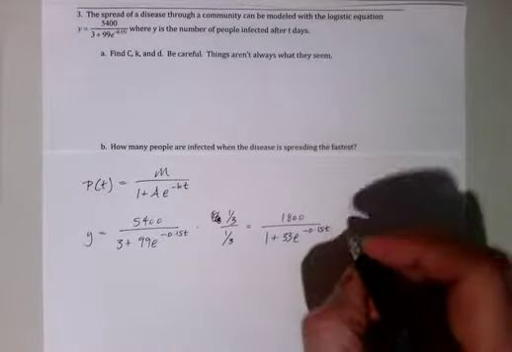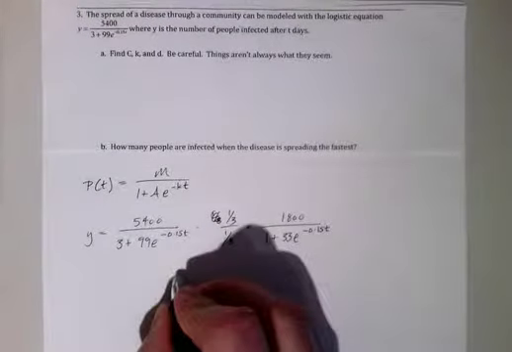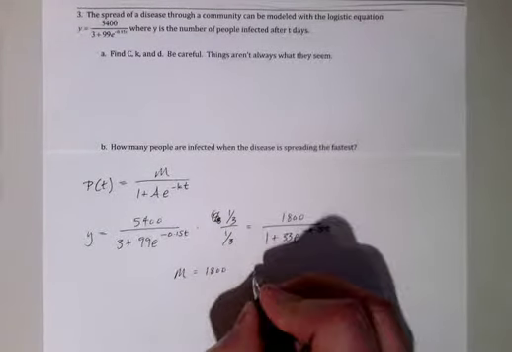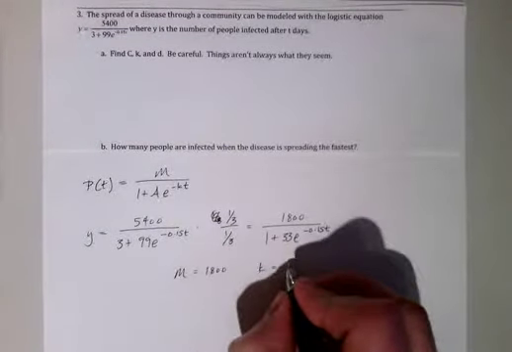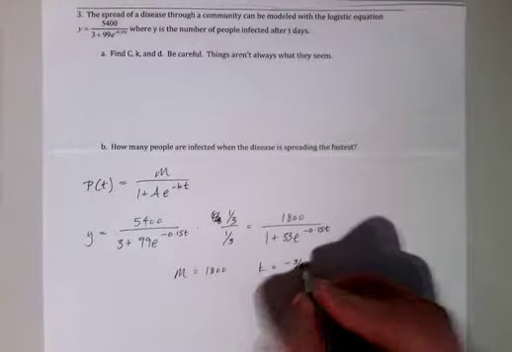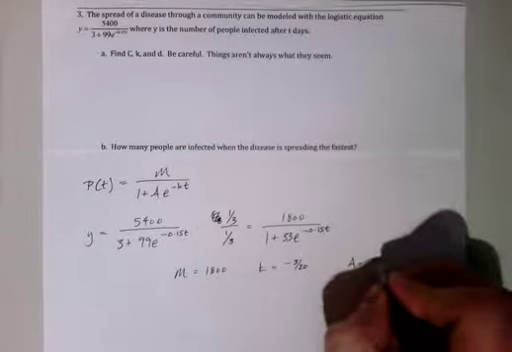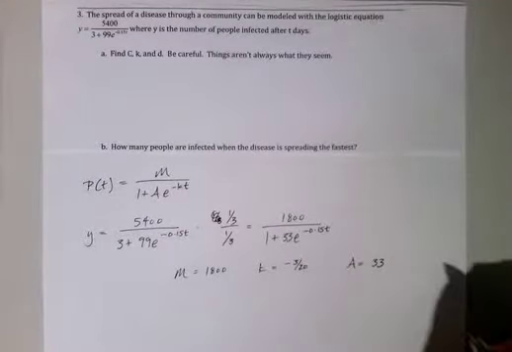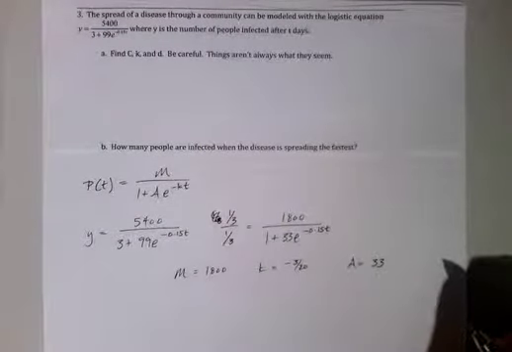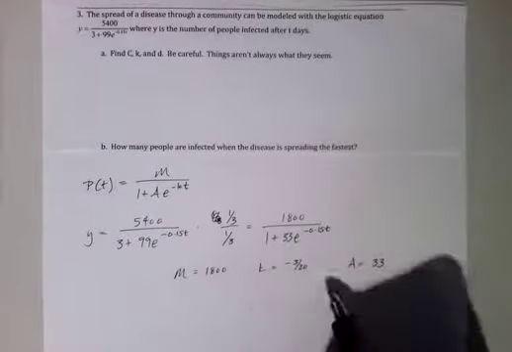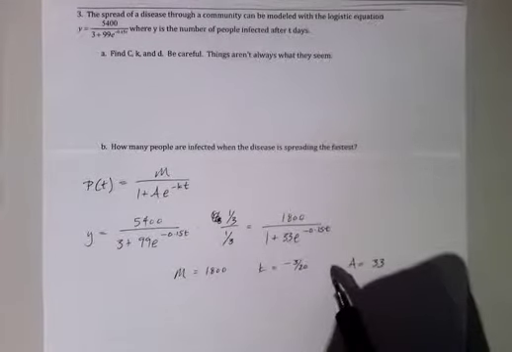And from here, we can surmise that M is equal to 1,800, k is equal to 3/20, or 0.15. Your A is 33, and you can do all sorts of calculations. But here's the thing: we're obviously capable of getting it. Let's go see what they actually ask for.